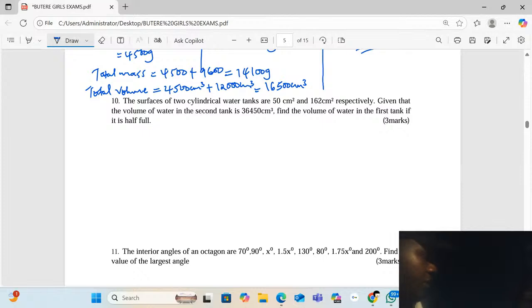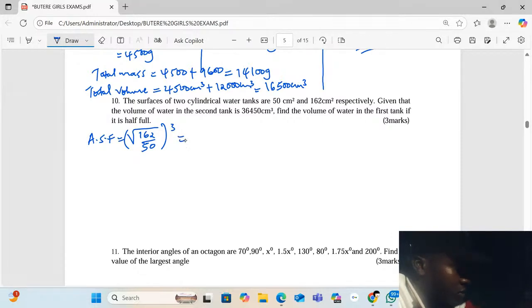So we can get the area scale factor. We're looking for the square root of 162 over 50. Those are the areas. Now we can then cube it.